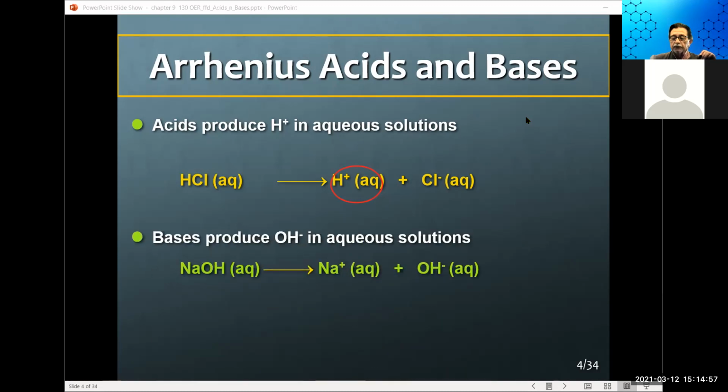Now, any compound that produces hydroxide is a base. So here's a hydroxide, and there's sodium hydroxide here. By and large, most of the compounds that produce hydroxide will be ionic compounds, okay? Now, here's something interesting about an acid and a base.